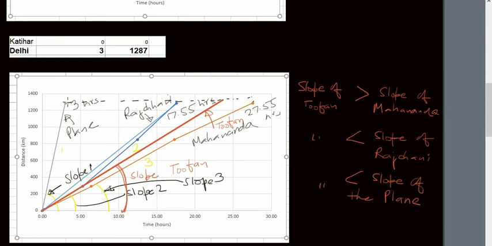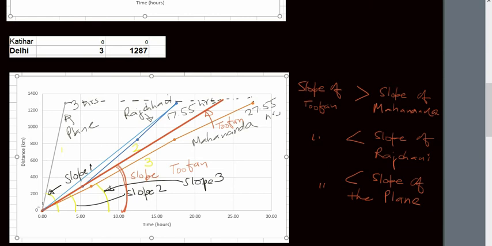And then we introduced the concept of slope, that in this distance time plot, bigger slope means faster speed, because we saw that plane reaches in 3 hours, Rajdhani in 17.55 hours, and Mahananda in 27.55 hours.